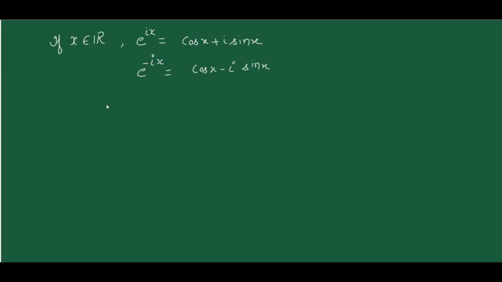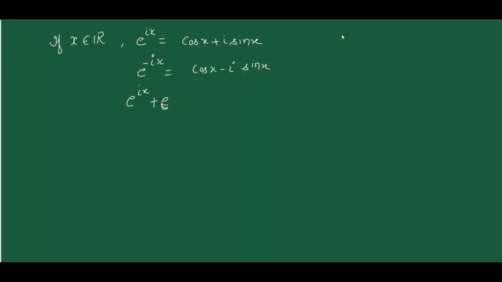Now if we add the left hand side and right hand side, we get e raised to power iota x plus e raised to power minus iota x equal to 2 times cos x. It means from here we can give the representation of cos of a real number x as e raised to power iota x plus e raised to power minus iota x divided by 2. So this is the representation of cos of a real number.